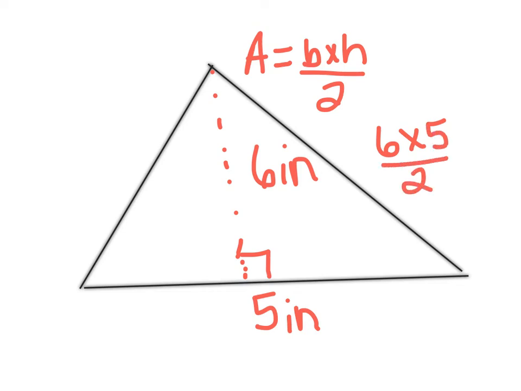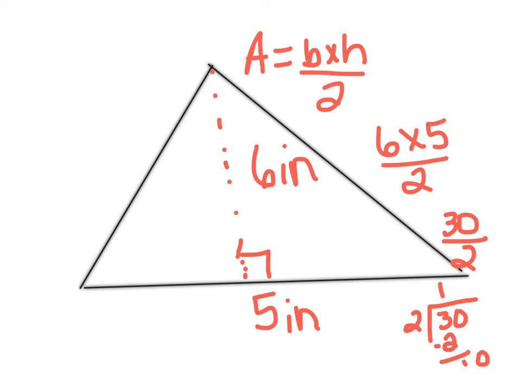Well, 6 times 5 is 30, and our top of our fraction is bigger than our bottom, so it's going to fall into the house. 2 goes into 3 one time, and 2 goes into 10 5 times. So the area of this triangle is 15 inches squared.